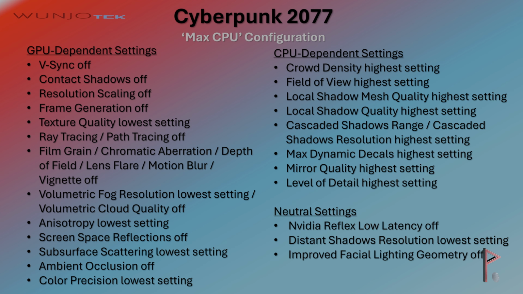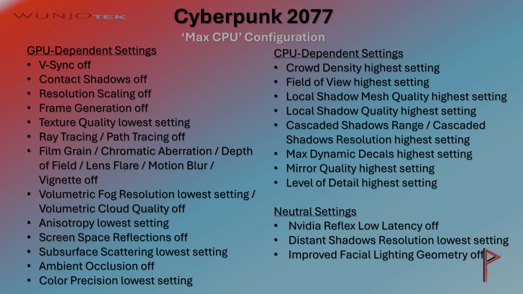Texture quality low, that's all VRAM bound. All ray tracing, path tracing is off. We're going to talk about ray tracing in a bit, its hidden benefit, but I think it's obvious for now why this is an entirely GPU bound setting. Film grain, chromatic aberration, depth of field, lens flare, motion blur, vignette, that's all GPU post-processing.